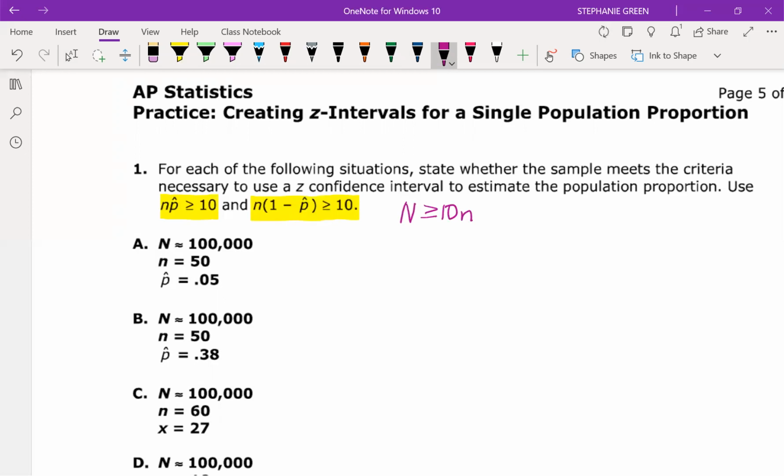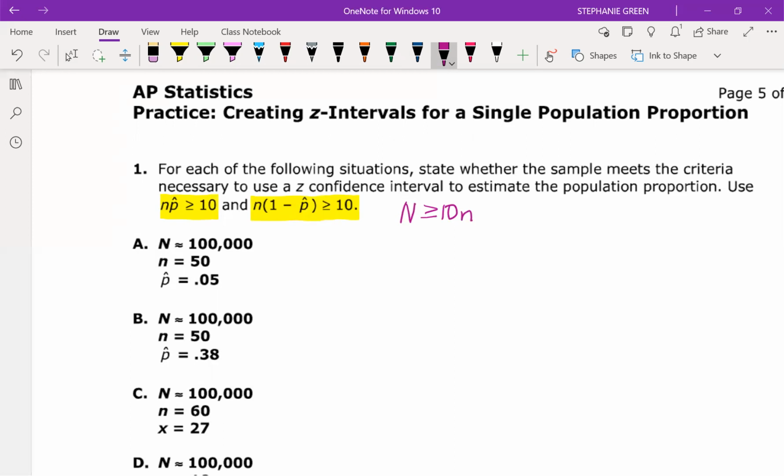The reason is that when we are sampling, we are removing subjects from the population, and each time you remove a subject, the population proportion is going to change a little bit. Technically, that means it's no longer independent, which means it's no longer a true binomial distribution.